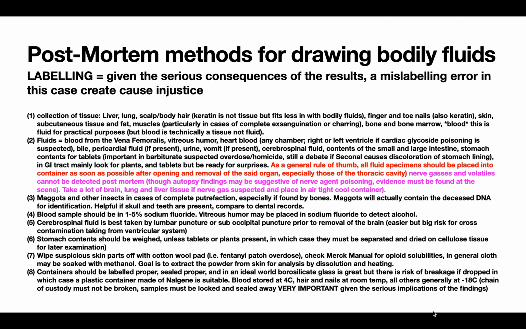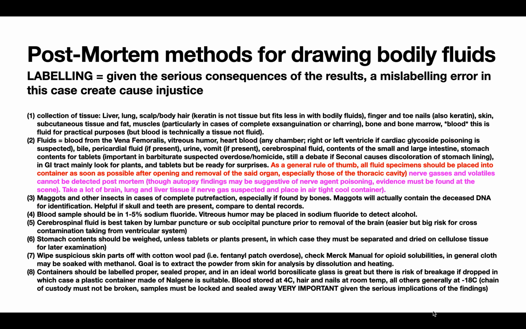Cerebrospinal fluid is best. It's tougher to take it through a spinal tap or suboccipital puncture, because if you open up the cranial cavity, there's a high risk of contamination of the cerebrospinal fluid with brain parenchyma, blood, lymph, toxins, bacteria, and such.